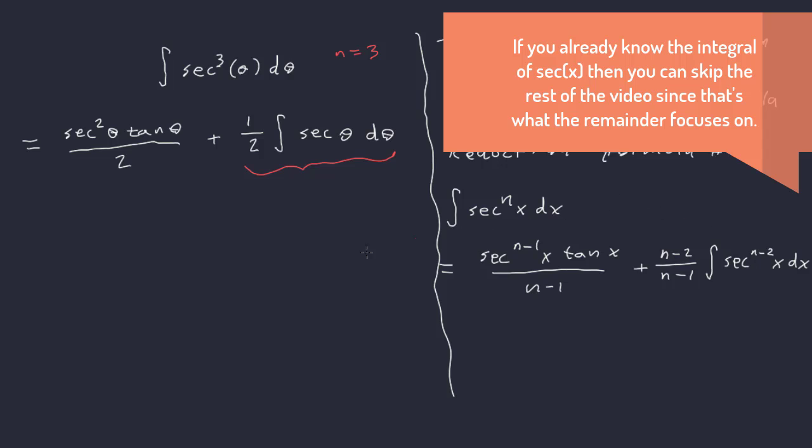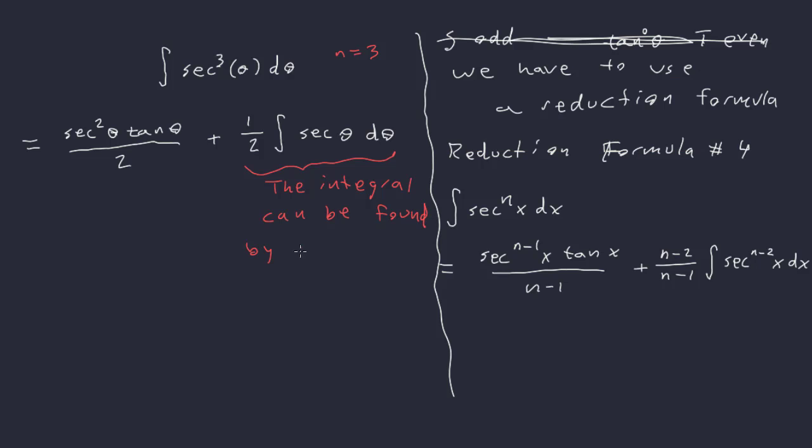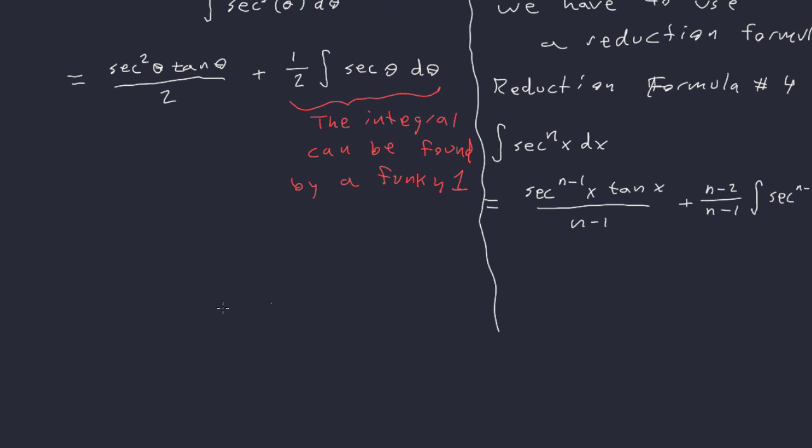So actually, we haven't talked about this yet, but the integral here can be found by a funky version of 1. If you remember our advanced techniques, we're going to use a funky 1 here, and it's actually kind of a tricky version of 1.